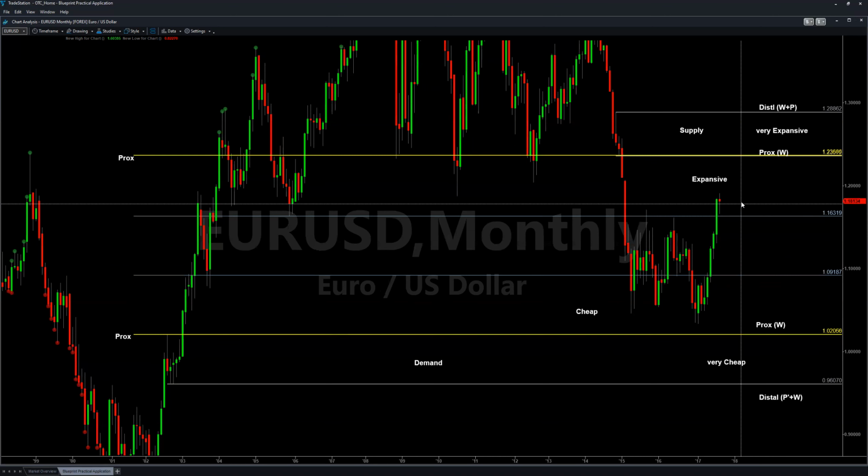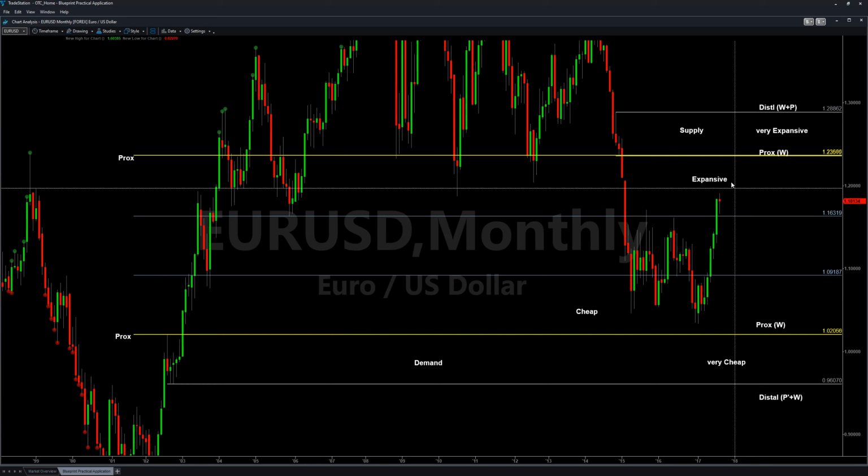We are right now in this area from here to here, right? It means we can look for a short, right? You want to short the current price here. We have another part, and this is EQ. That means equilibrium.